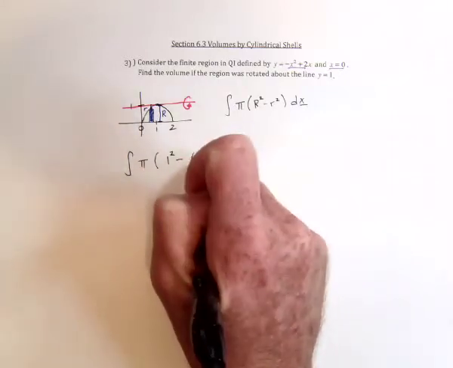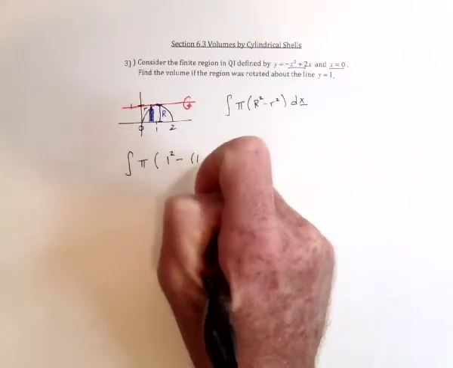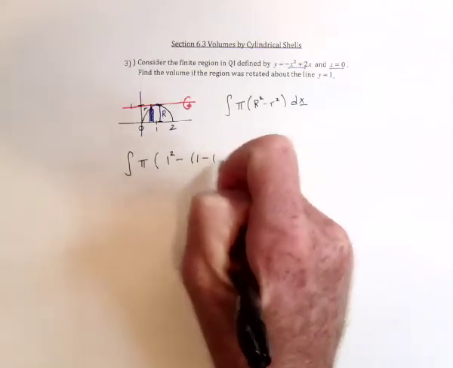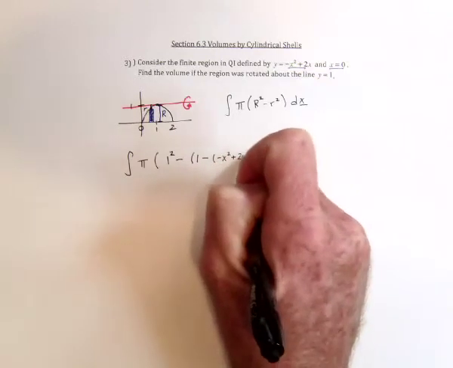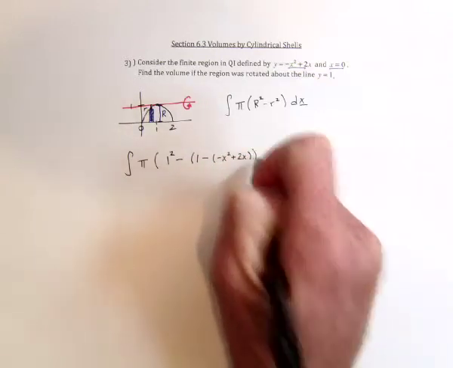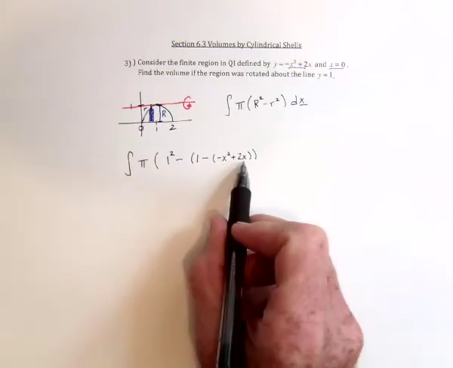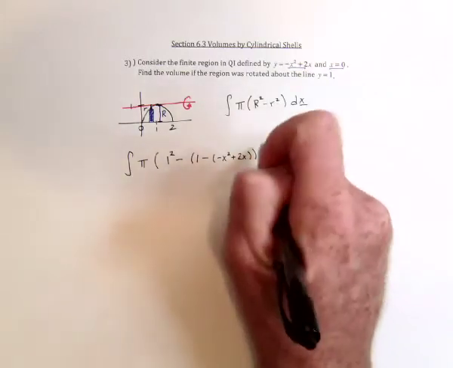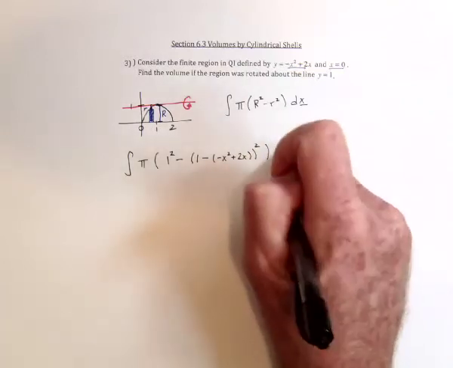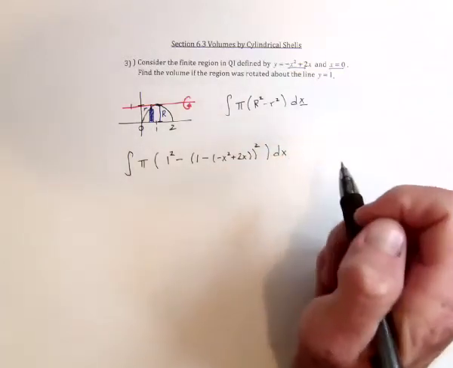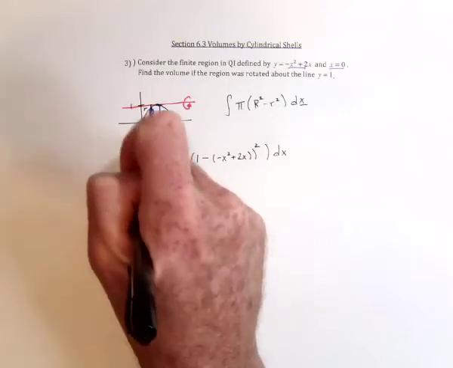So the length of the gap, or the radius, is going to be 1 minus the parabola. Okay, so that is the little r. Then the little r needs to be squared. And then we need that parenthesis and dx, and x going from 0 to 2.